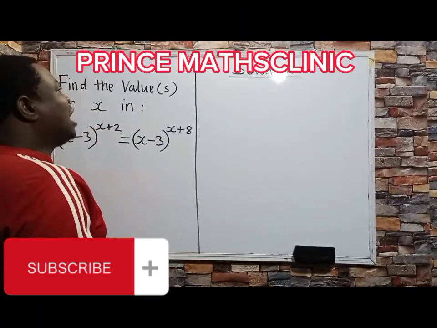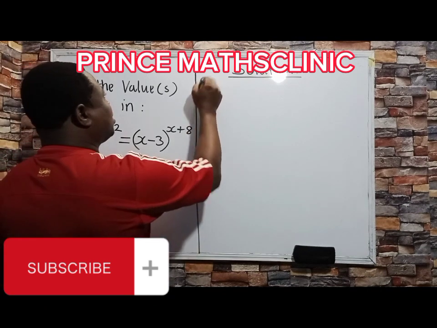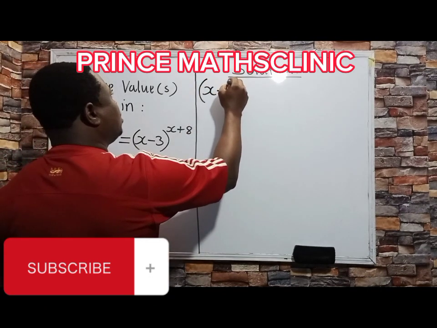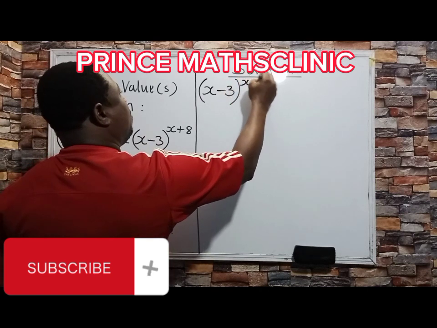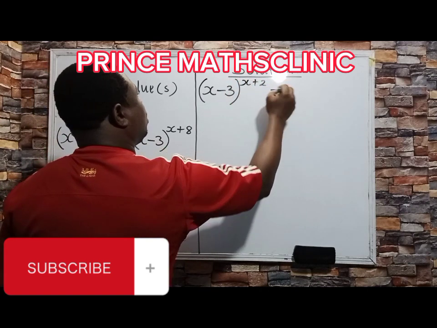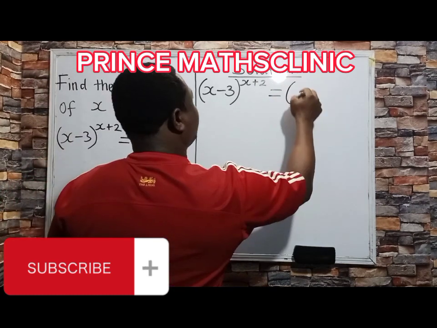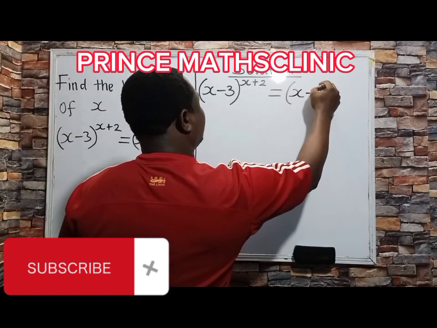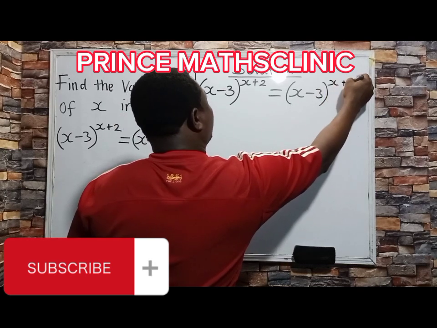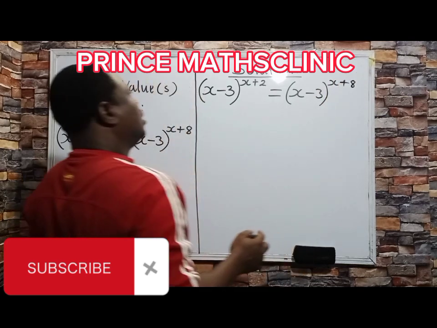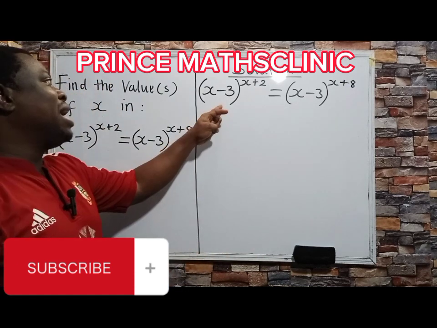On my left hand side, I have that (x − 3) to the power of (x + 2) is the same as (x − 3) to the power of (x + 8). What do I do to put a balance to this?